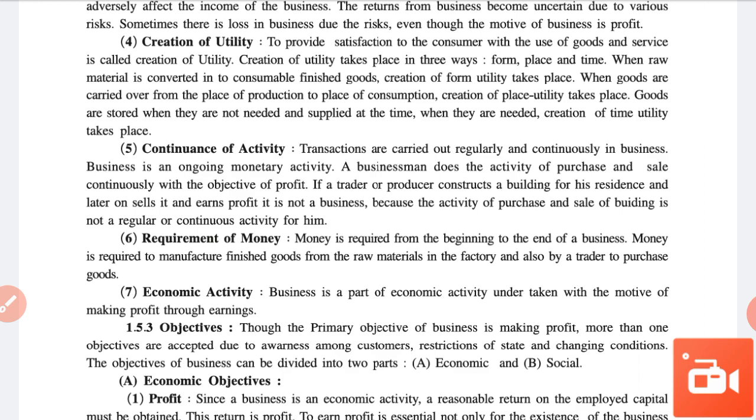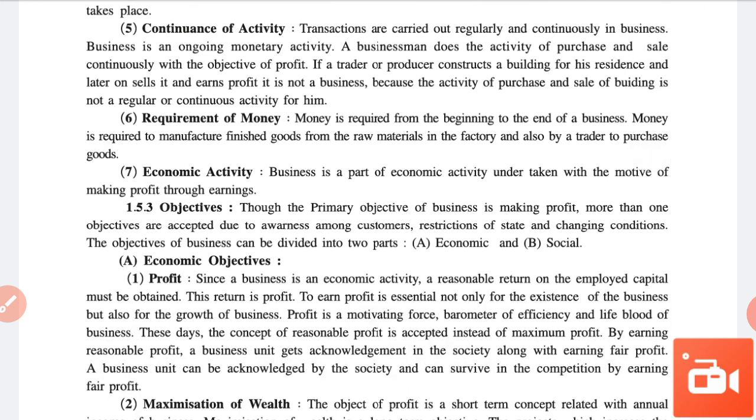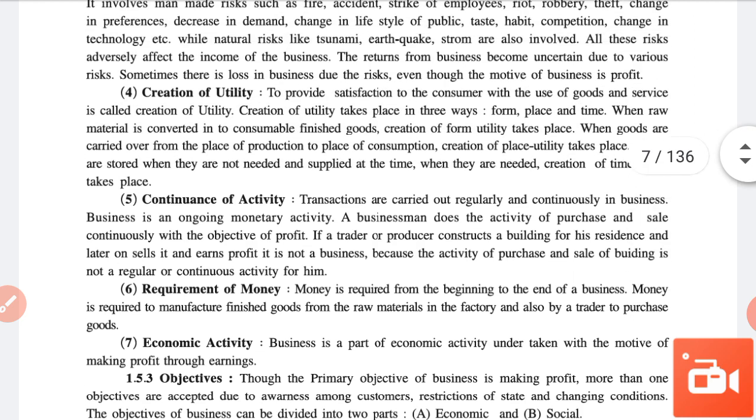Okay? Now we complete this lecture here. From the next lecture, we will study the objectives of business. There are two types of objectives, economic and social. We will study it in detail from the next lecture. Till then, you learn these 7 points.